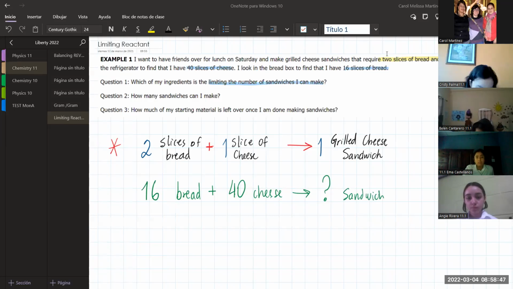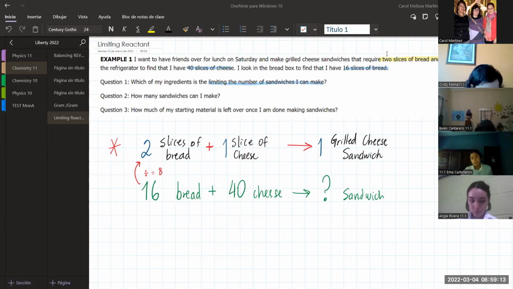So how many sandwiches can I make? 8. How do you do that? Dividing. Putting 2 slices of bread together, dividing 16 by 2 gives me 8.